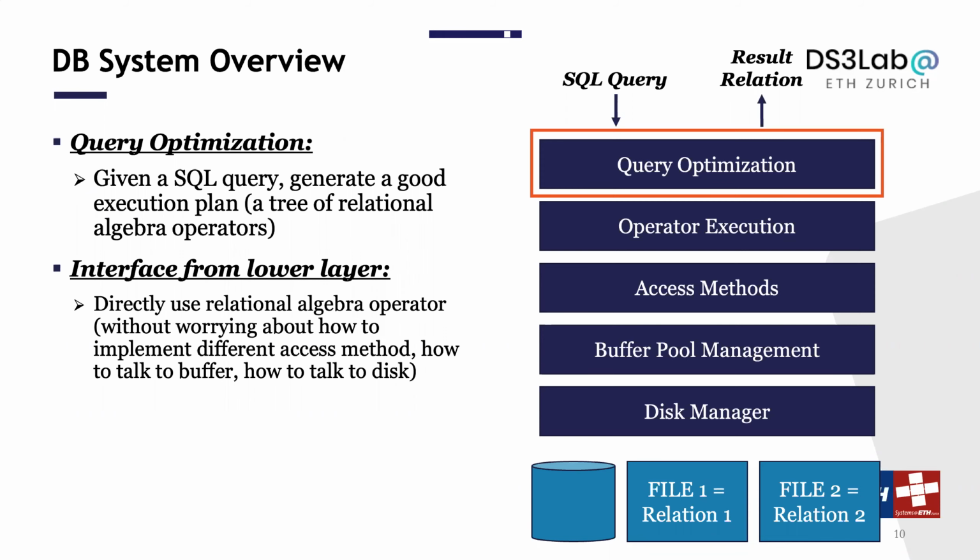So what do we need from the lower layer? Essentially, we are going to have a physical plan, an execution plan, with a whole bunch of relational operators. We are going to call the operator execution layer in the right schedule to actually run the query for the user.